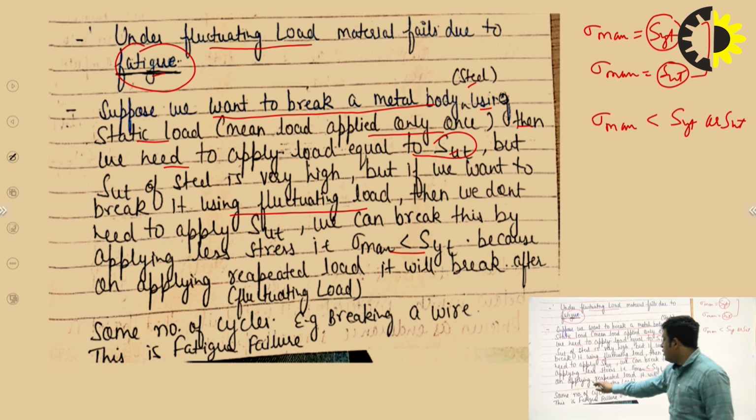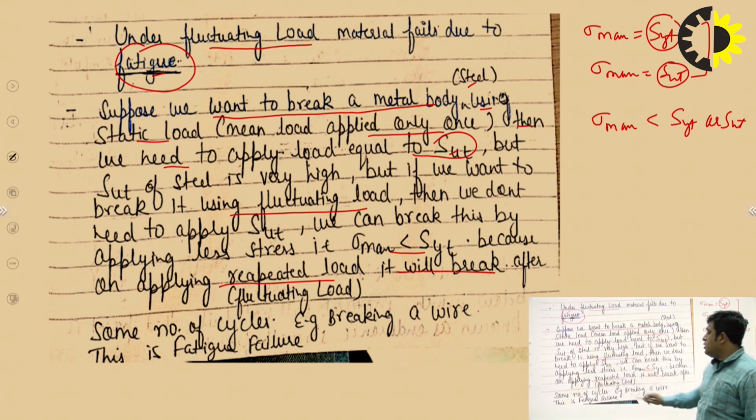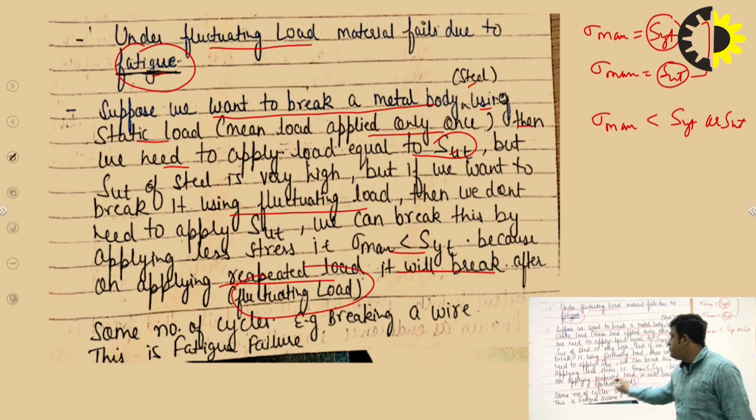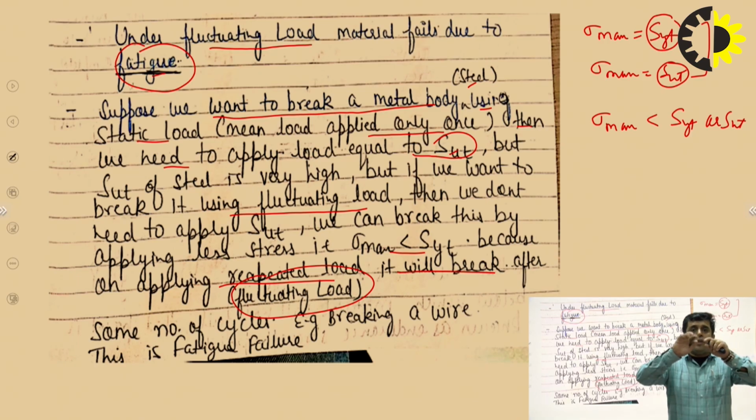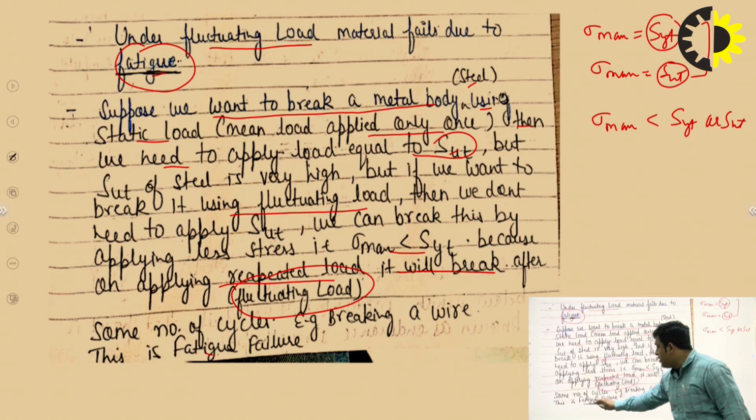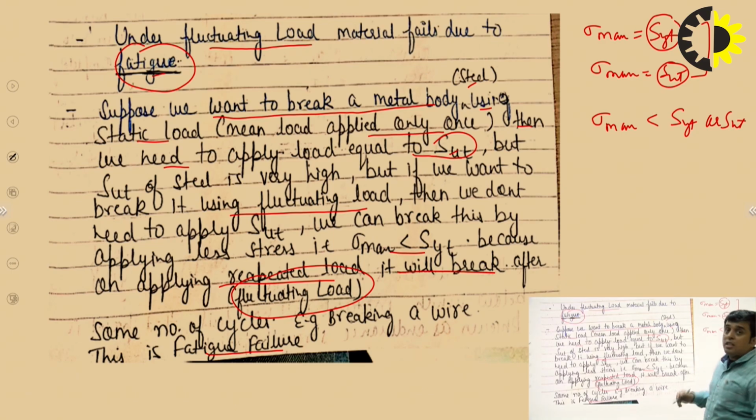That repeated load is known as fluctuating load, and it is applied for some number of cycles. If you are breaking a wire, you apply that load for some number of cycles, and this is known as fatigue failure. You are able to break the material, but the strength is very much less than SYT and SUT.